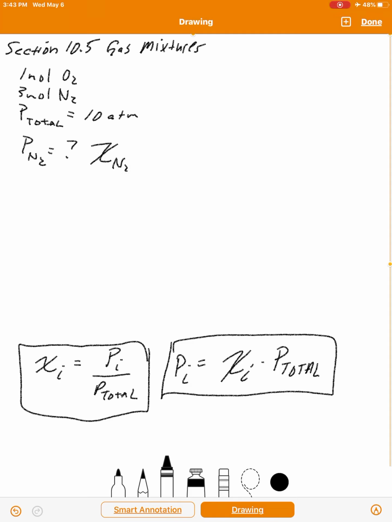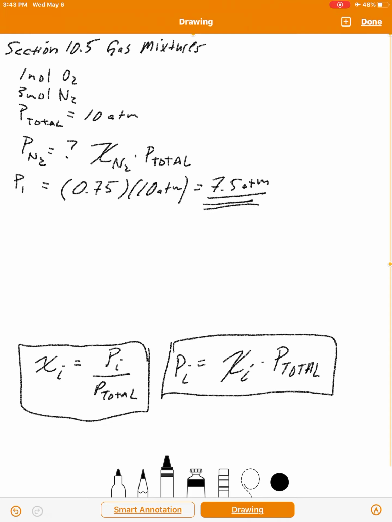Okay, well, let's find the mole fraction. We already did that, right? It's 0.75, 3 moles divided by the total number of moles, which is 4, so 0.75 times 10 atmospheres. Well, 7.5 atmospheres, right? So the partial pressure of nitrogen would be 7.5 atmospheres. So it's a pretty useful relationship.